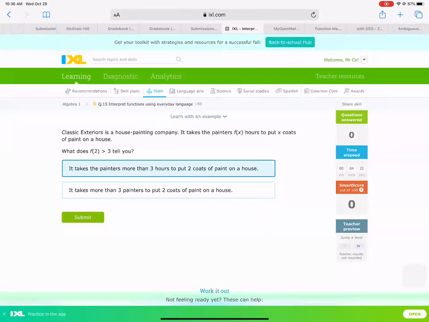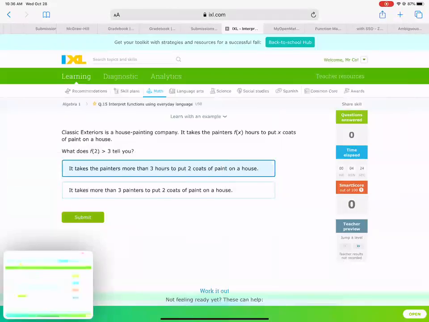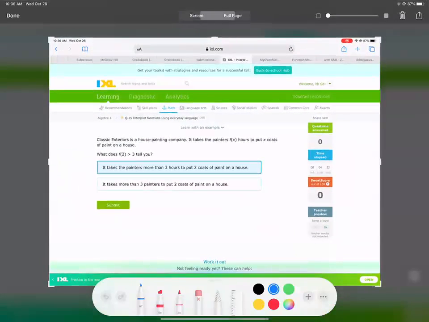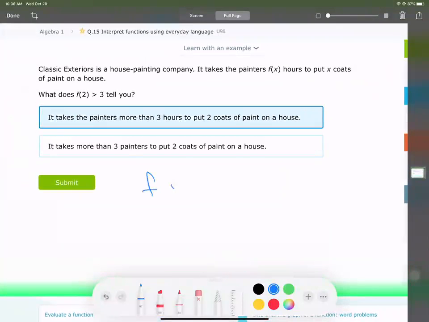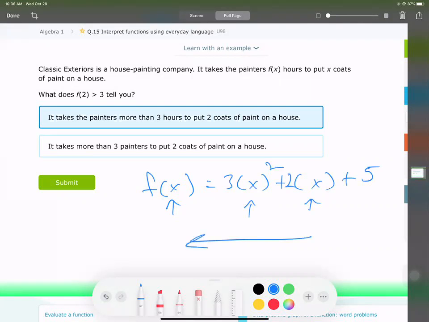So like in actuality, this painter, this owner, this guy who's going to give you a quote, in his f of x brain, he's thinking, okay, you tell me how many coats, I know how many workers I have, how much paint I need, and he's throwing these values in his own head to come up with a function and say, you know what, this is going to cost us 4 days, right?